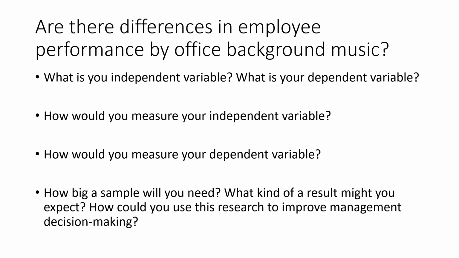So how would you measure your independent variable? Well, you could simply play different categories of music, right? You could play rock and roll music, you could play classical music, you could play jazz, you could play rap. There's any number of different categories that you could employ for this particular statistical test.